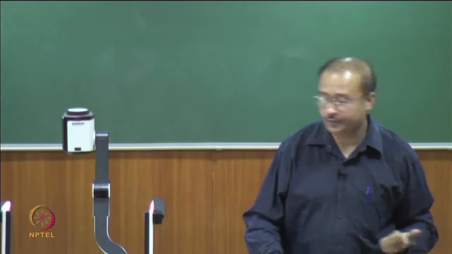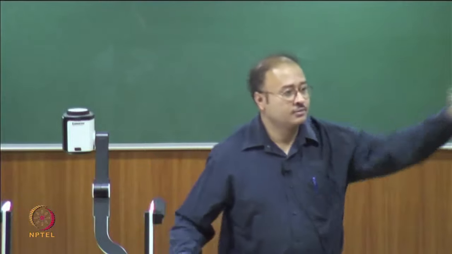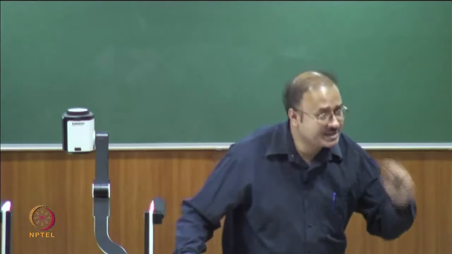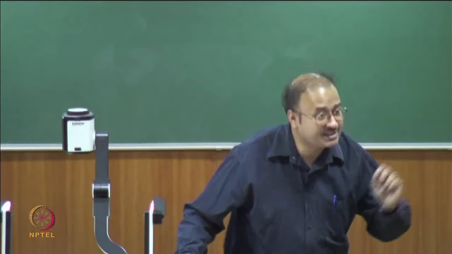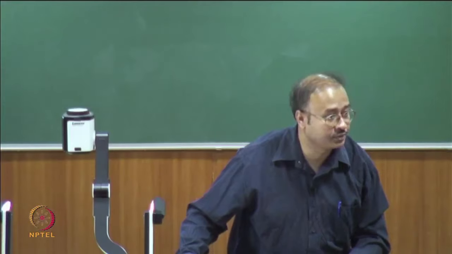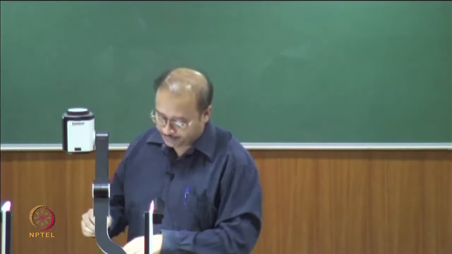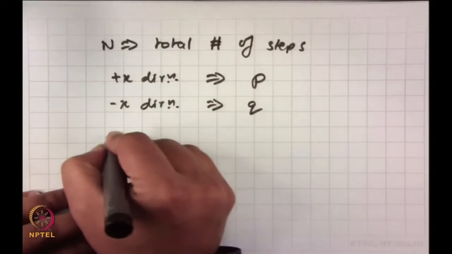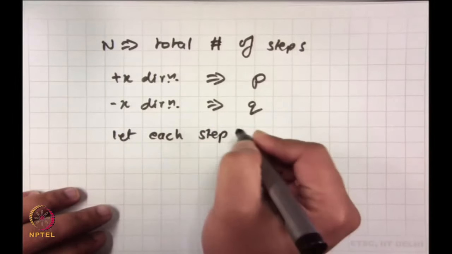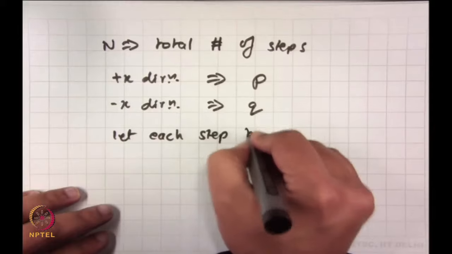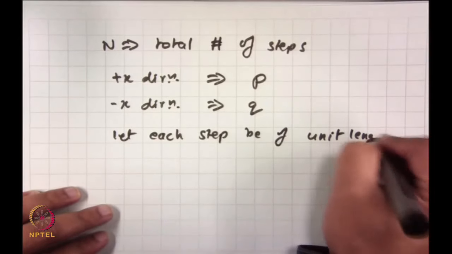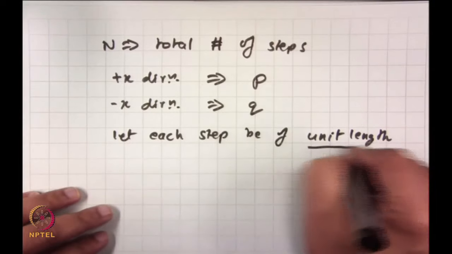Now, suppose I am trying to find the net number of steps I have taken in the positive x direction. Before that, let each step be of unit length, okay, be of unit length.